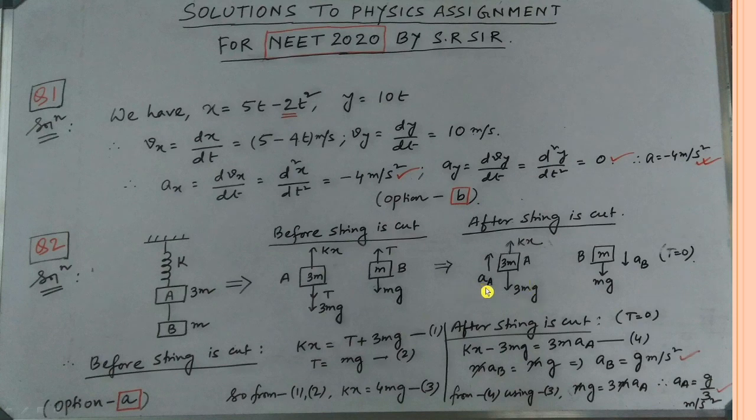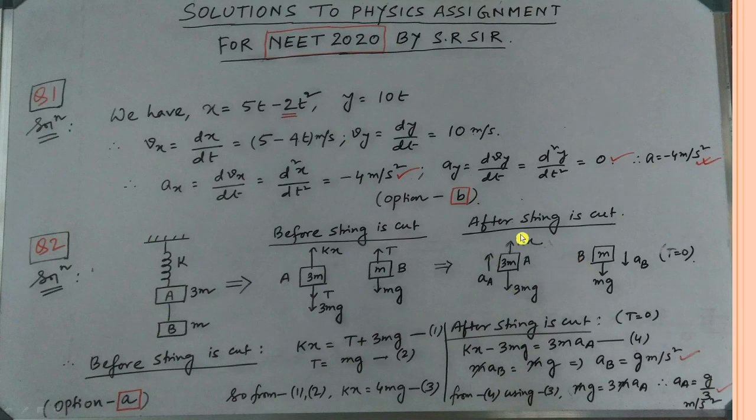So an acceleration acts upwards, tending to bring the spring back to its original position, as the spring exerts a restoring force on block A. In that case, an acceleration a subscript A will occur.